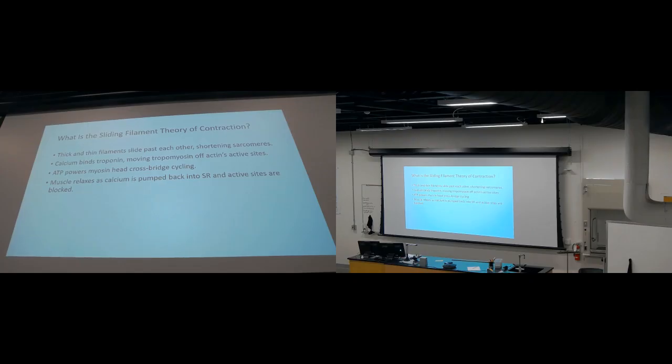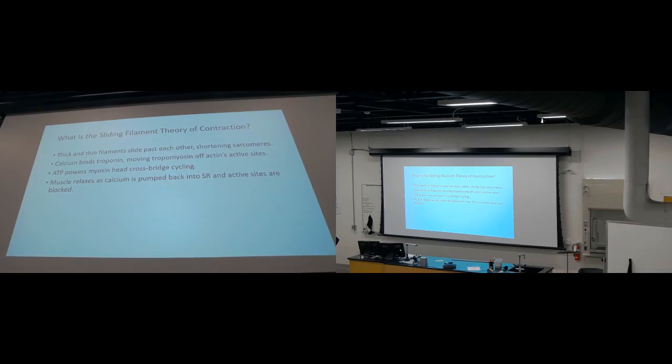So sources of calcium for contraction of the muscle cells: it is intracellular calcium that we have in the sarcoplasmic reticulum, but also extracellular calcium, so calcium from outside of the cells.